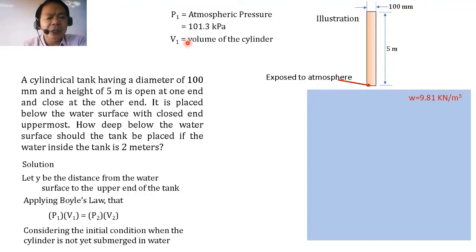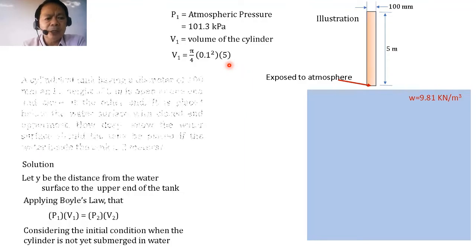And initially, the volume of the air or V1 is the volume of the cylinder itself. And because the volume of the cylinder is equal to area of the base multiplied by the height, where the area of the base is in the form of a circle whose diameter is equal to 0.1 meter, then the volume will be equal to pi over 4 times 0.1 squared multiplied by 5.